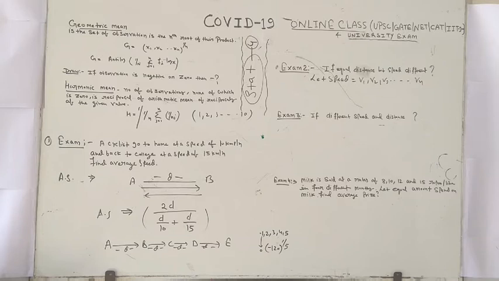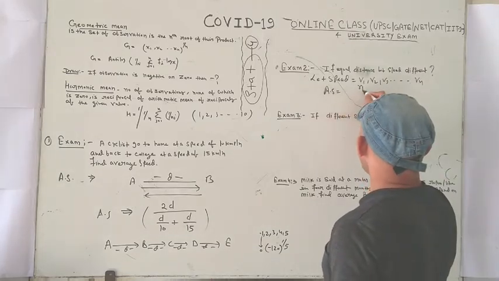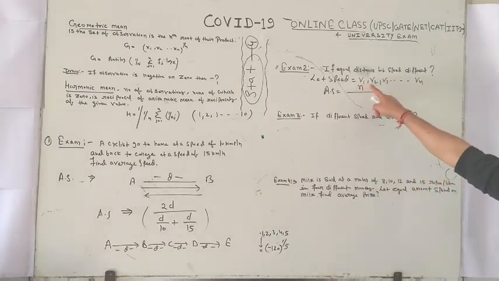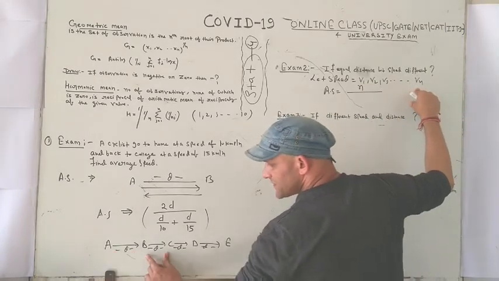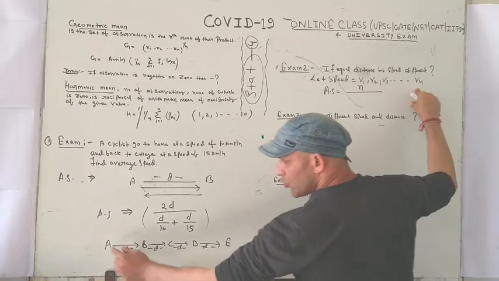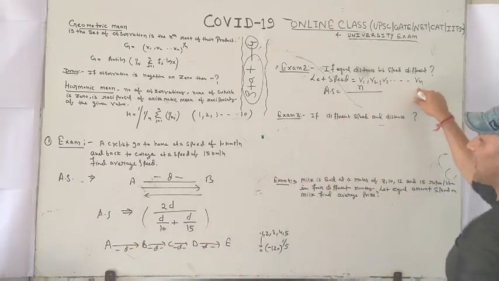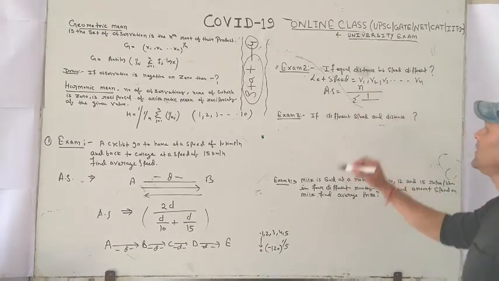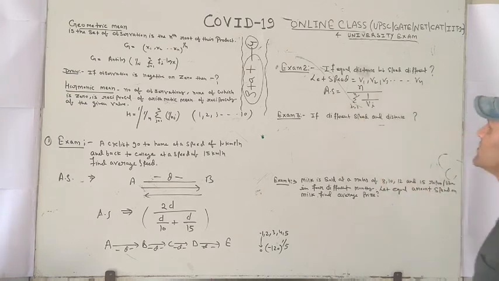In this condition, your answer will be: average speed is equal to n upon the total of speed 1, speed 2, speed 3. Suppose the speed here is different, here different, here different, here different. Total how many places? 1, 2, 3, 4. So I will write here 4. आपको यहाँ क्या लिखना है? 4 लिखना है. Upon sigma 1 upon Vi, where i is equal to 1 to n. This is your answer. Okay.